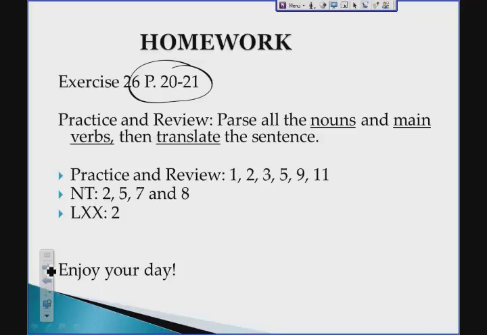Mark them. New Testament sentences 5, 2, 5, 7, and 8. LXX, sentence 2. Then you bring that to me tomorrow in the class. We meet tomorrow, right? Yes.